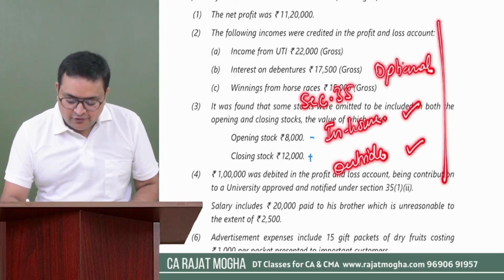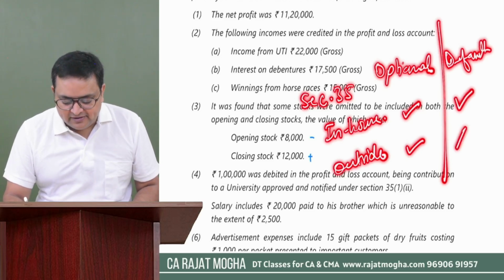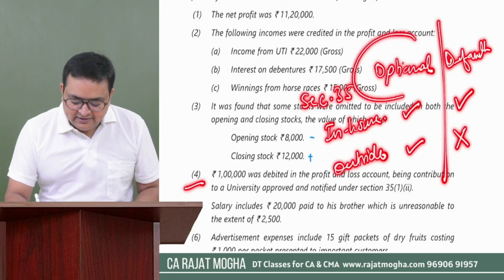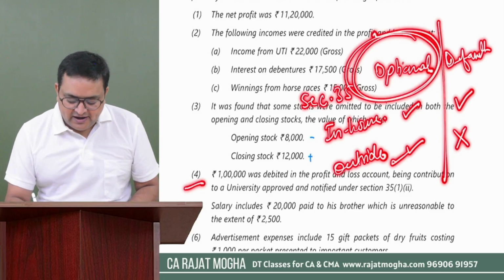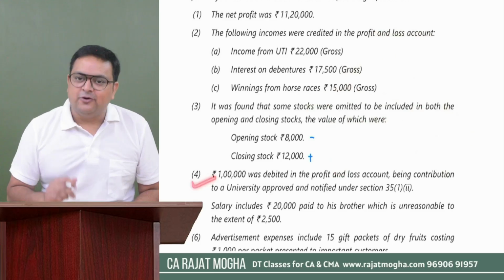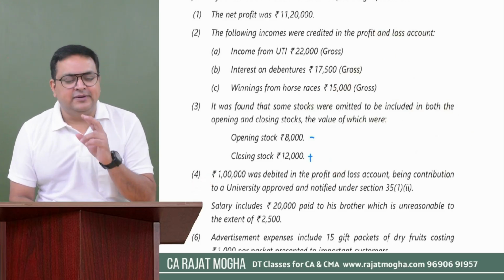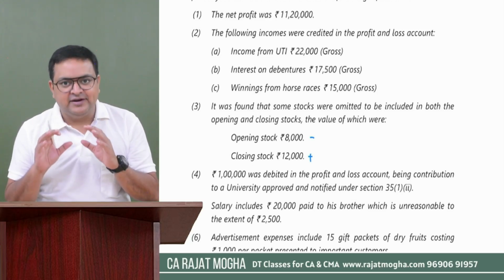But if you follow the default tax regime, then only in-house is allowed; outside research is not allowed, right? This is outside research, but in this question we are following the optional tax regime, so it is okay with us. We can allow this 1 lakh rupees. So 1 lakh rupees is allowed. We don't have to do any addition or subtraction. We will simply give it a note.